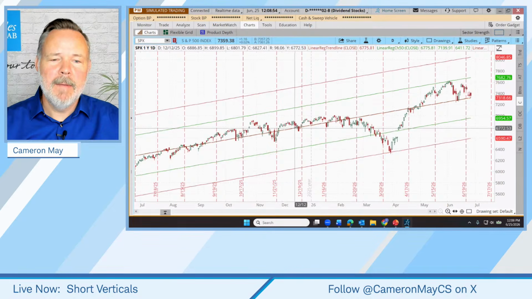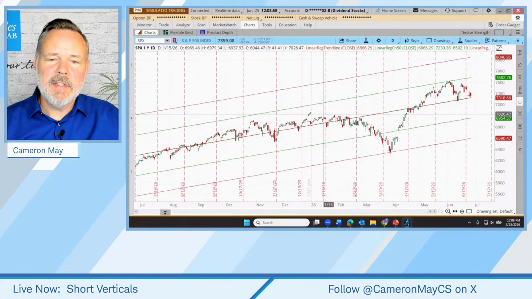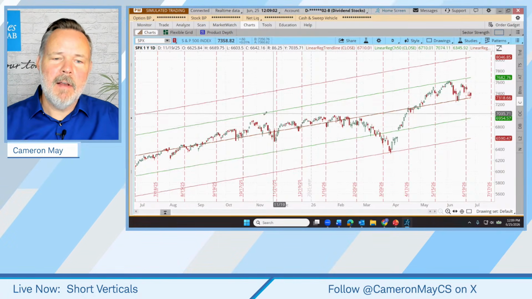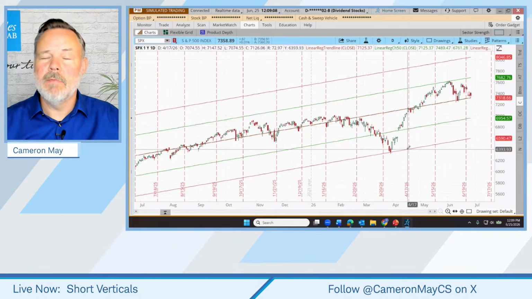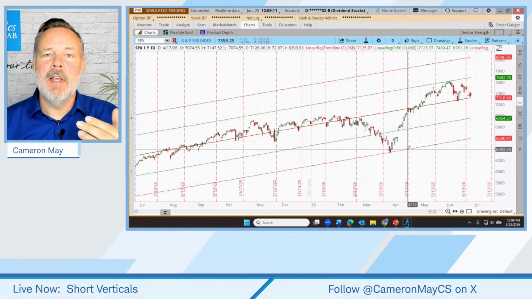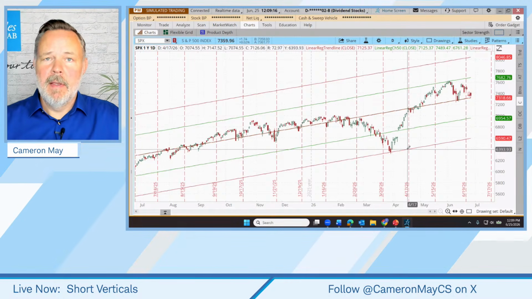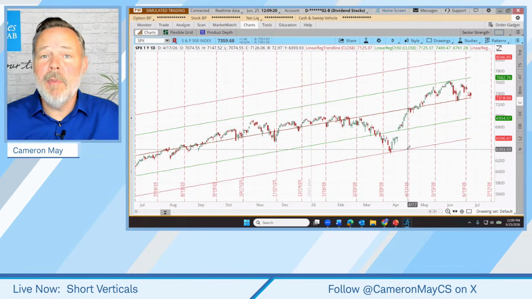And if you look at this, it looks like it's doing a pretty good job. It's getting right through the center of much of the price activity here, and you'll see about half of price above, half of price below. So that's what that linear regression line is doing. It's attempting to establish a normal, because if we're expecting a return to normal, we have to know where normal is.